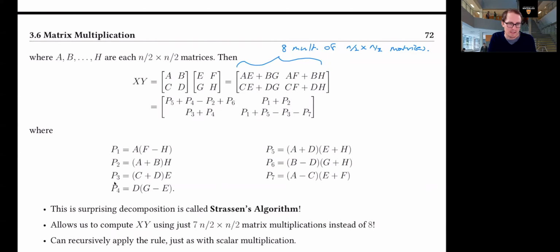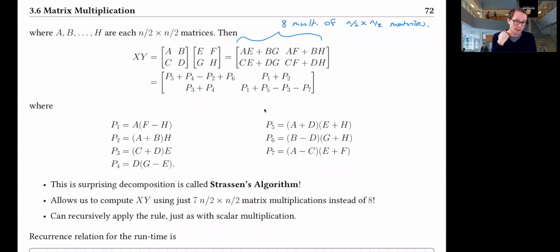And you can verify these if you just plug in P3 and P4, right? This is CE plus DE. And then I'm going to get minus DE plus DG. And so it's going to just be CE plus DG. This entry is correct. You can verify for all of them. But the thing that's very cool is that it allows us to compute X times Y using just 7 n over 2 times n over 2 matrix multiplications instead of 8.